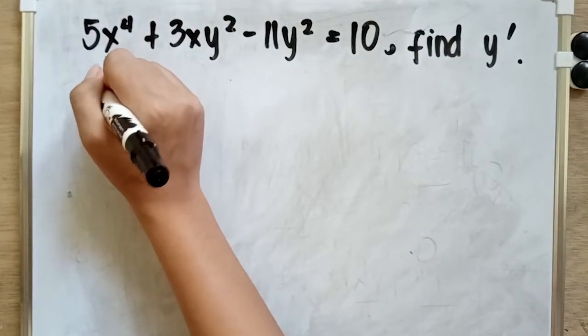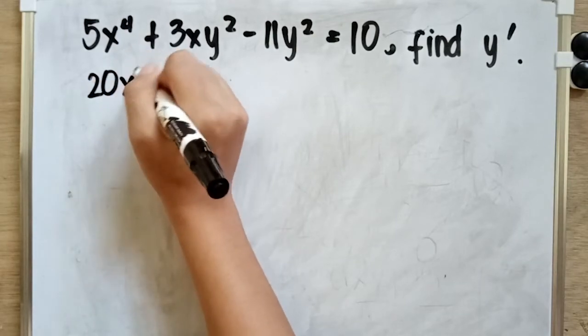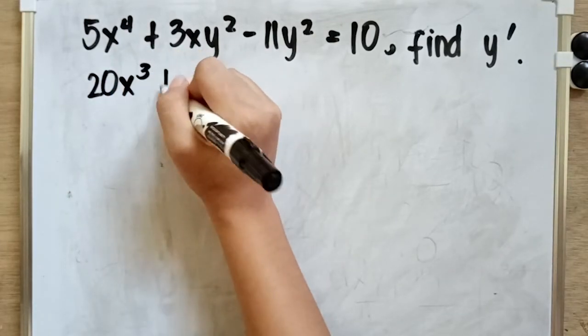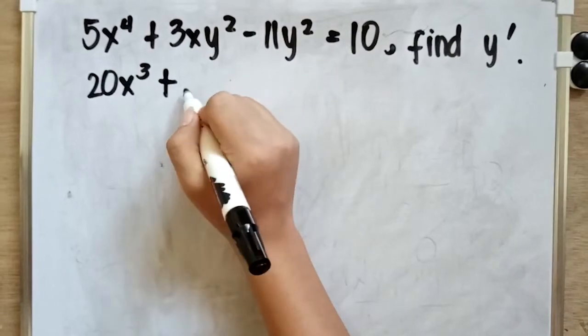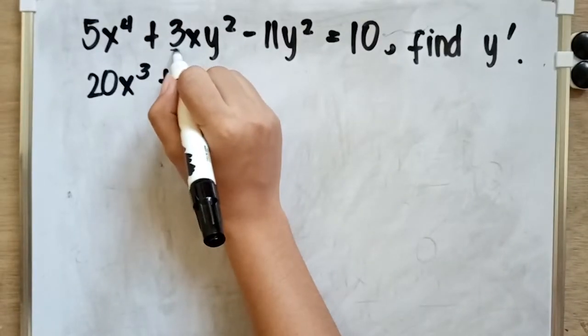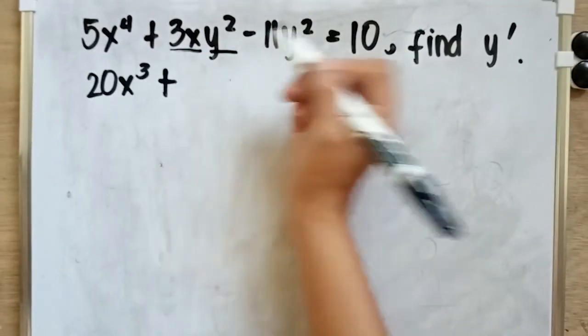We get 20x cubed plus, apply the product rule, ang gamitin natin ay 3x and the y squared.